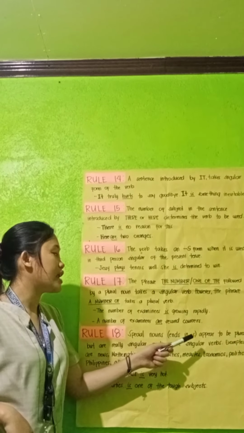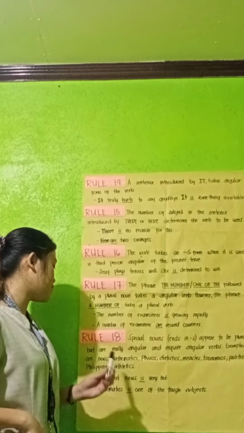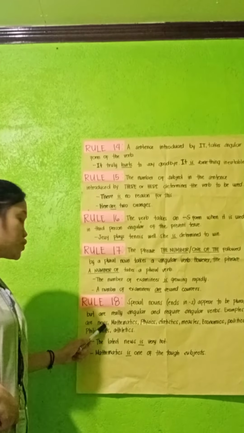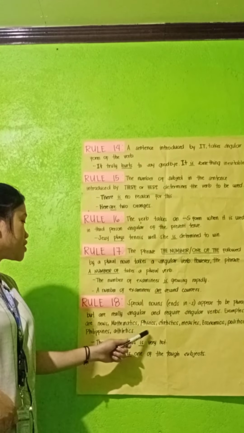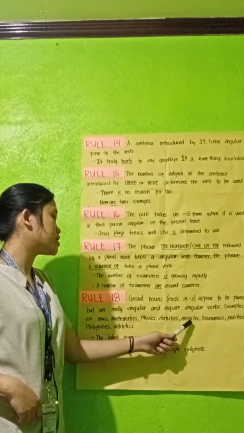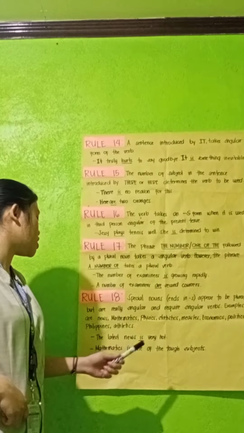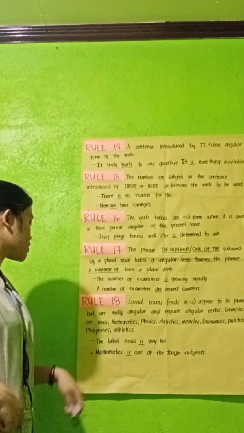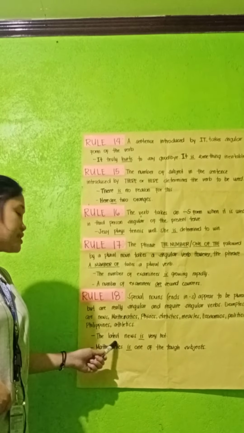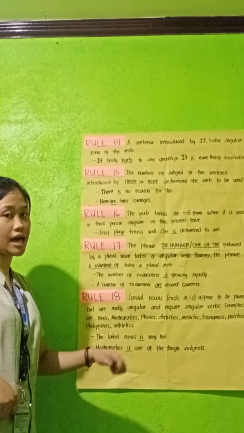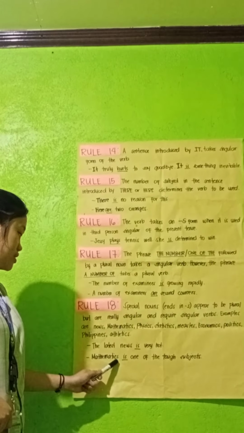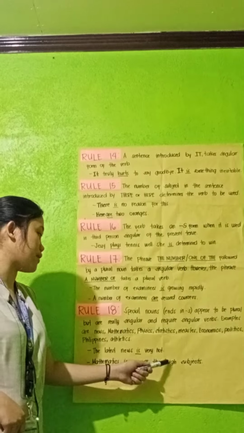Special nouns ending in s appear to be plural but are really singular and require singular verbs. For examples, news, mathematics, physics, statistics, economics, politics, Philippines, athletics. For example, the latest news is very hot. Mathematics is one of the top subjects.